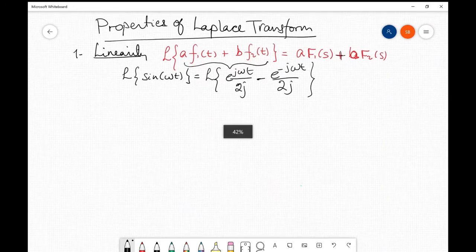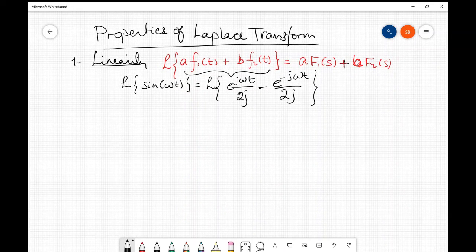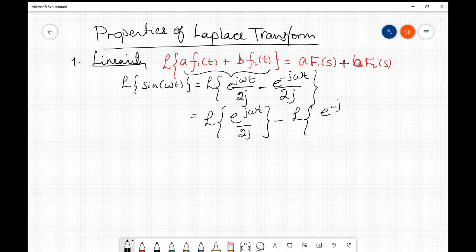So if the function is defined like this, then this is basically the Laplace transform of e raised to j omega t over 2j minus the Laplace transform of e raised to minus j omega t over 2j. So here the Laplace of the sum is the same as the sum of the Laplace transforms, or the difference, it doesn't matter. So that's the first, linearity property. Whenever you have a function which is the sum of two functions, you can basically take the Laplace transform of each and compute the total Laplace transform.